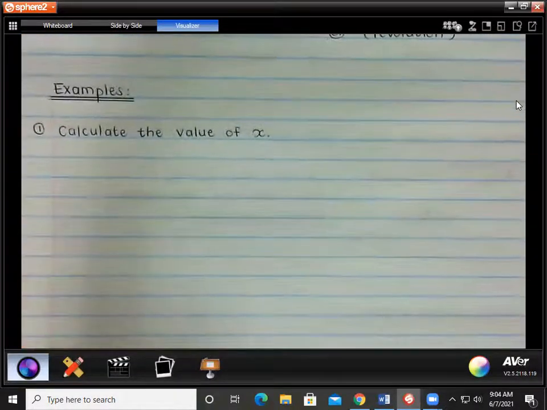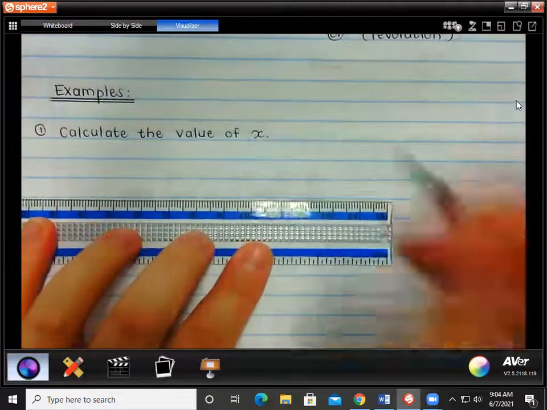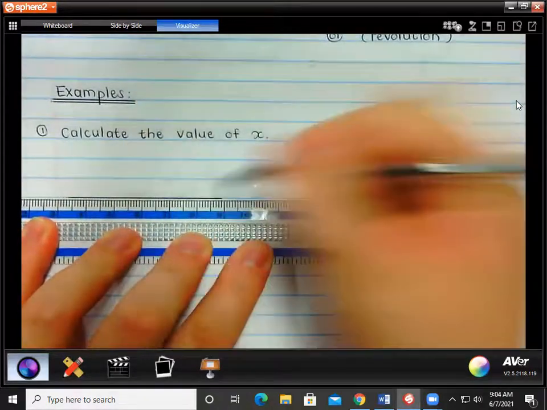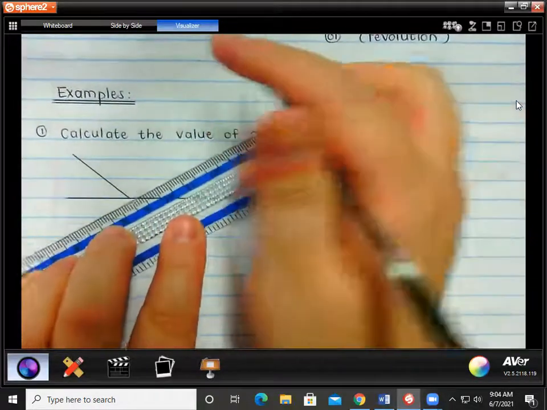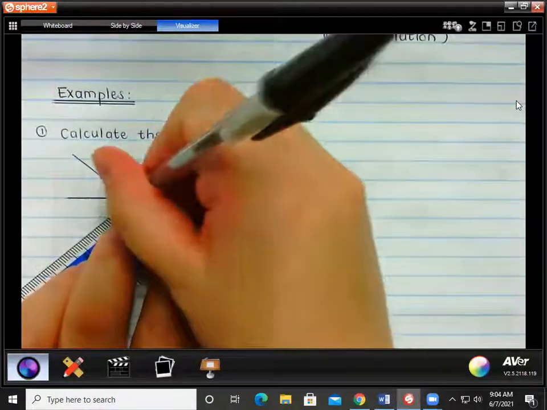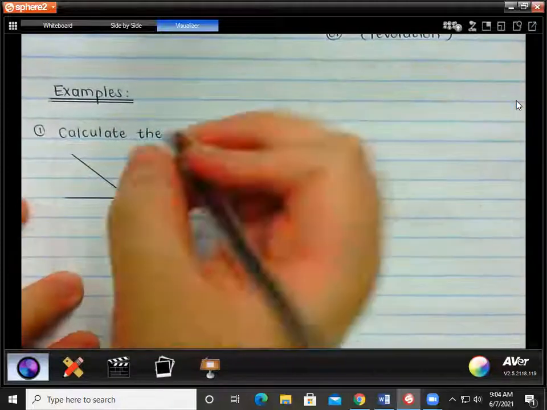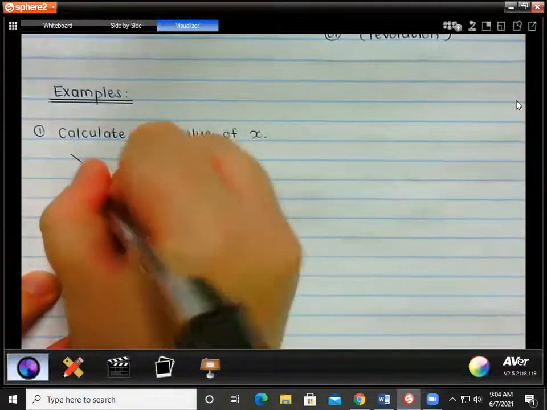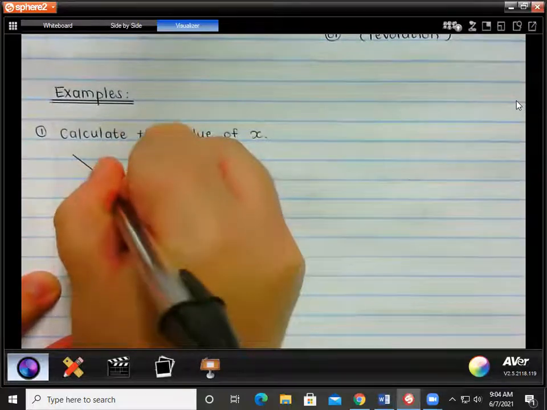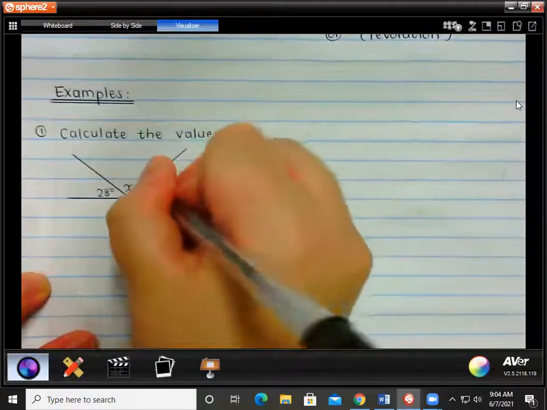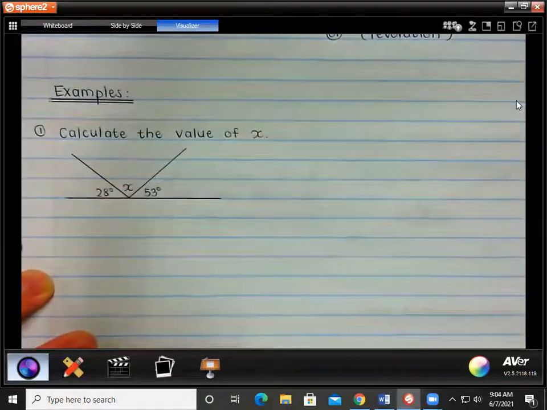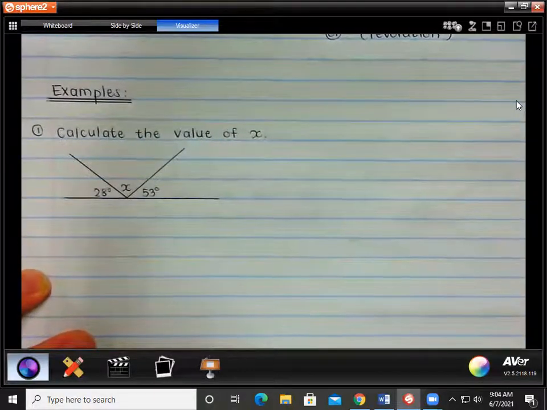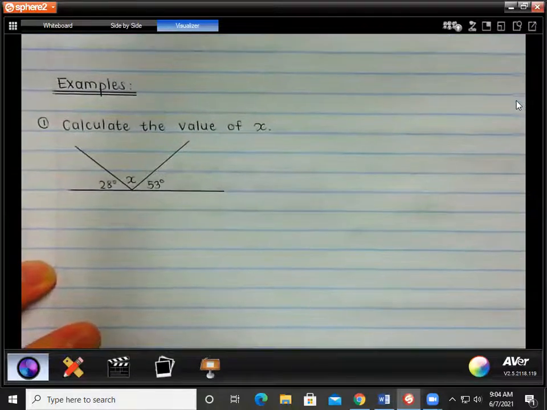I'm going to draw a little diagram now that I want you to copy as well. Okay, draw that picture, please.